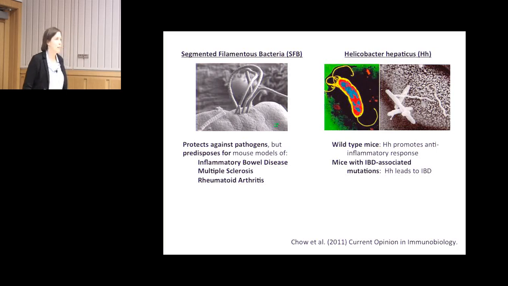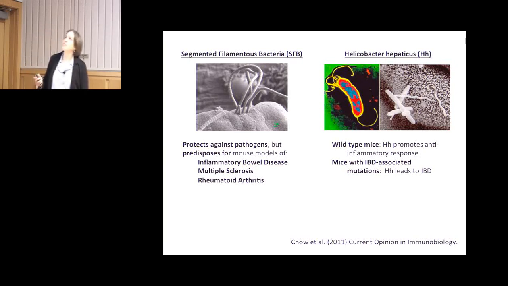In wild-type mice, presence of Helicobacter promotes an anti-inflammatory response. But if you look at mice with inflammatory bowel disease-associated mutations, for example, ablation of IL-10 signaling, these mice actually develop spontaneous colitis, which is a model for inflammatory bowel disease.